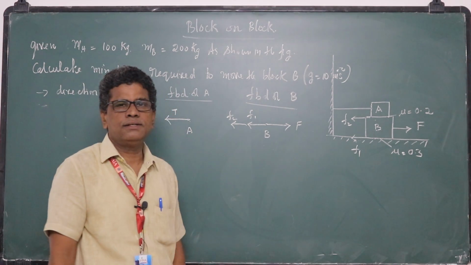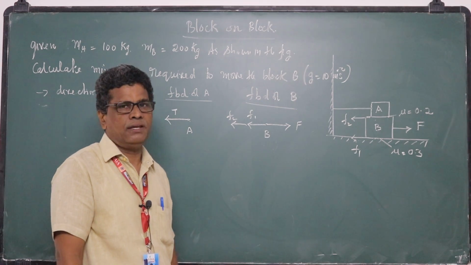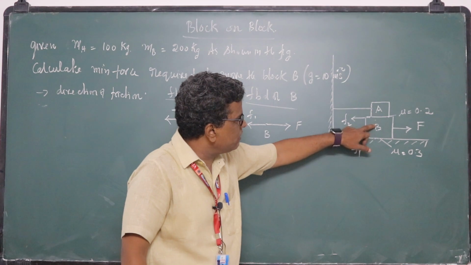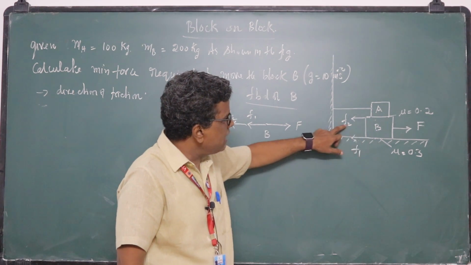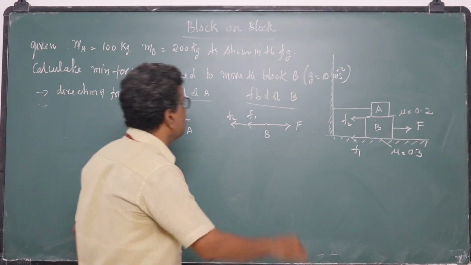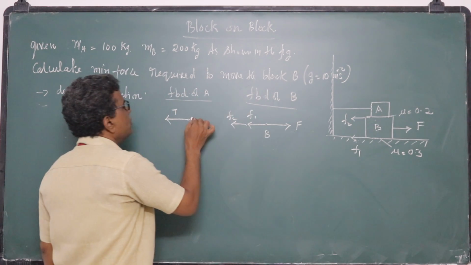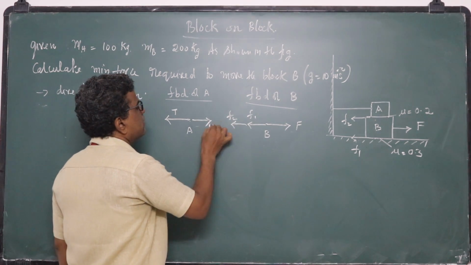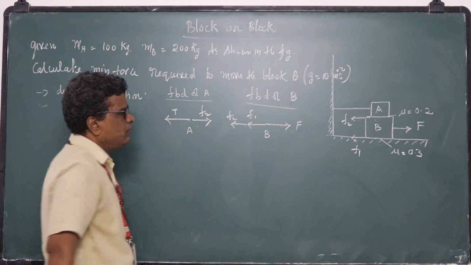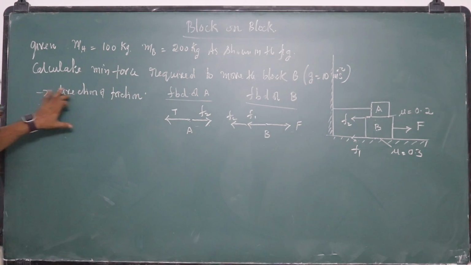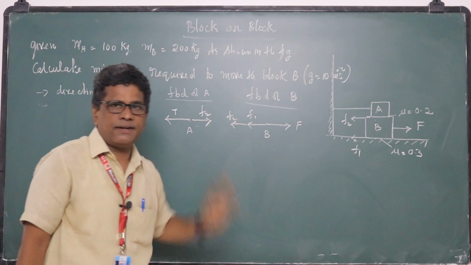I said forces always exist in pairs. The frictional force on block B acts in this direction, so on block A it acts in the opposite direction, that is F2. So these are the FBDs and the direction of frictional forces on this diagram.